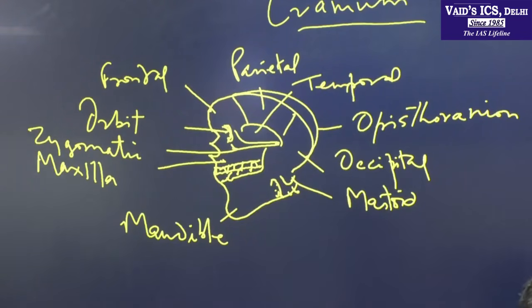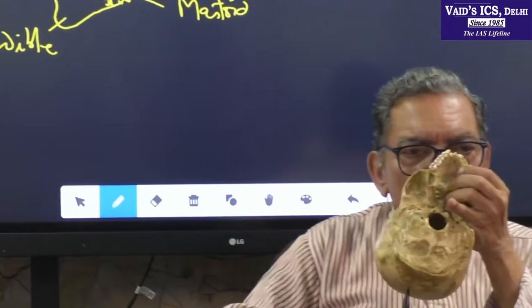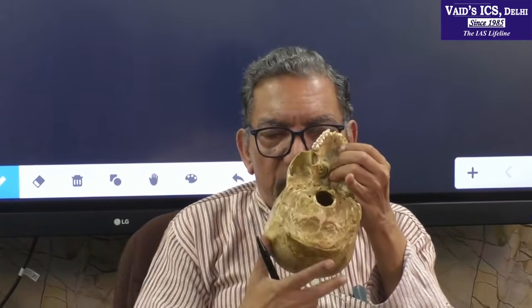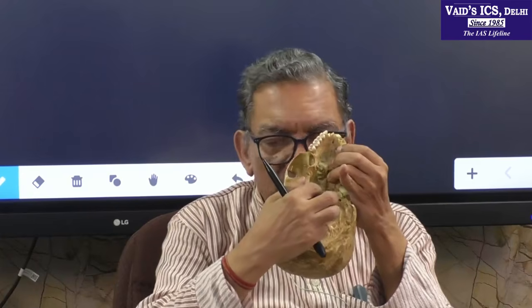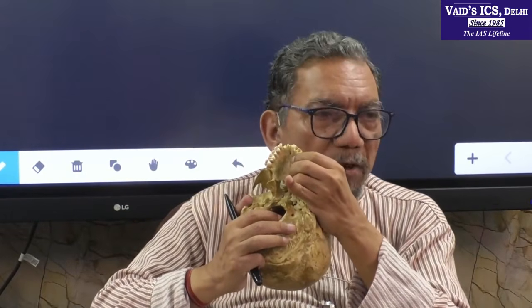Fine. Now, if you look at the skull from the base, opistho-cranian will come down. You see that major hole that is there, from where the nerves come out from the brain. This is called foramen magnum. Foramen means hole, magnum means large.